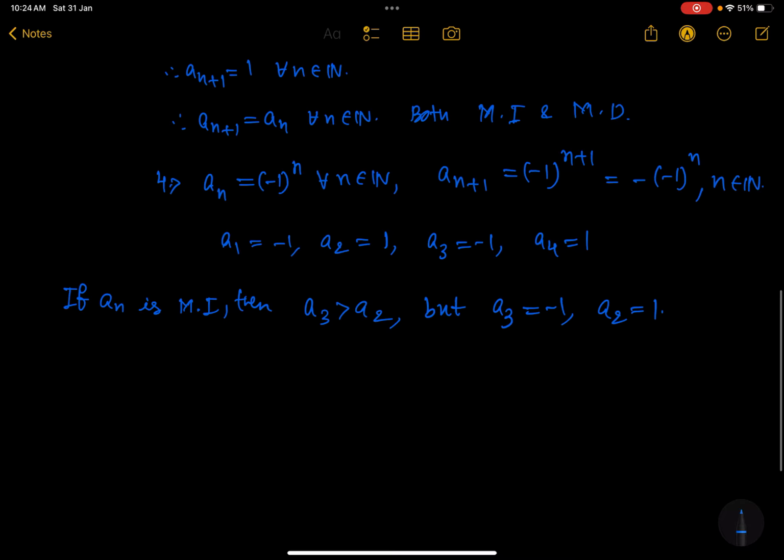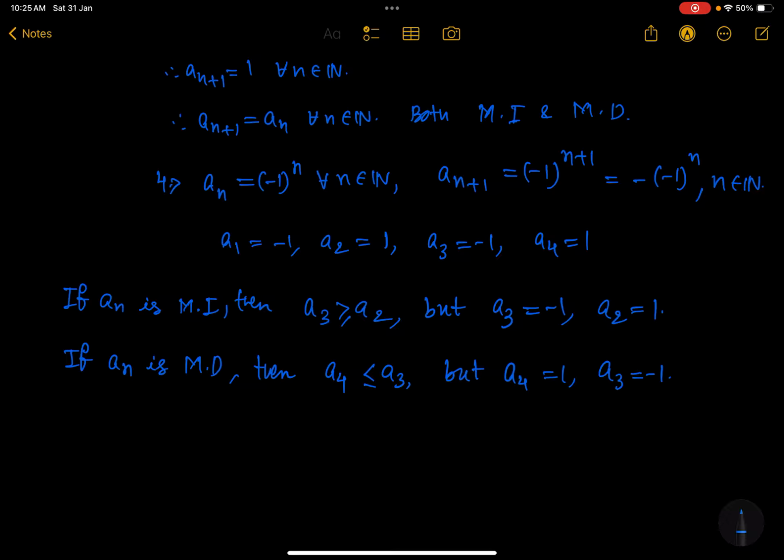If a_n is monotonically decreasing, then a4 should be less than or equal to a3, but a4 is 1 and a3 is minus 1.